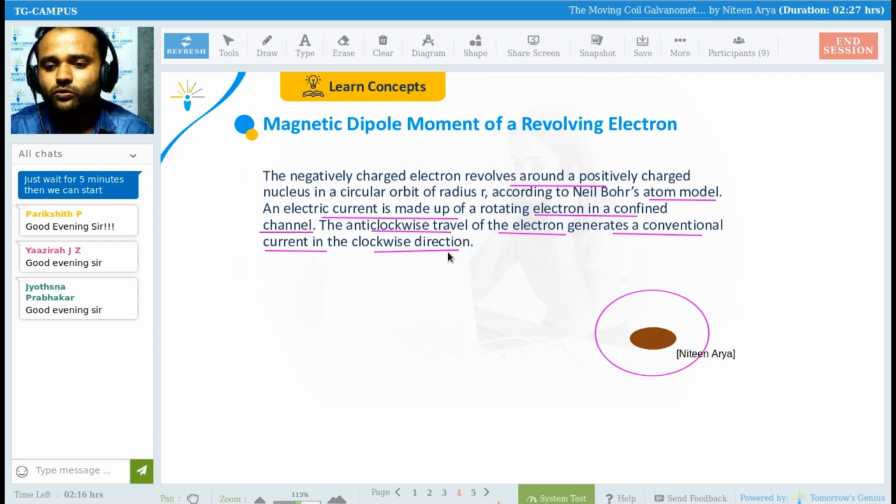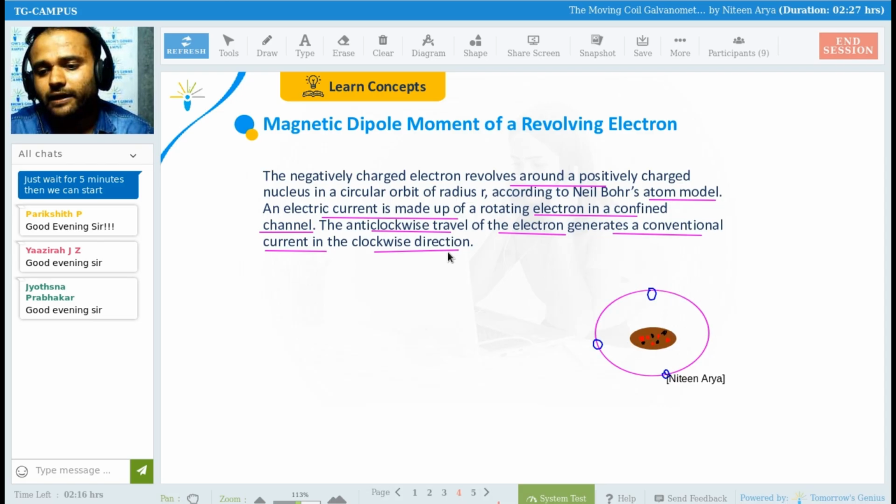So as we know, this is our nucleus, and in the nucleus we have nucleons, meaning protons plus neutrons. So this is your proton, this is your neutron, and your electron is revolving around this.